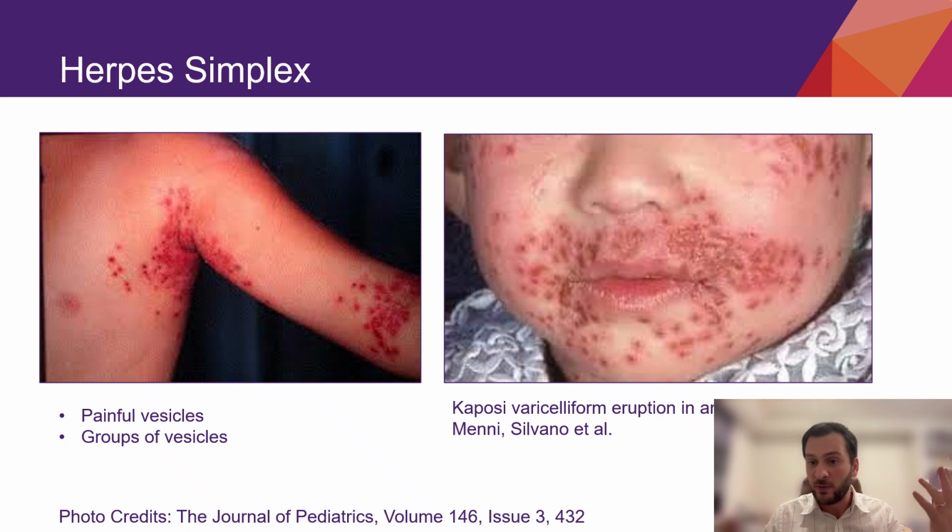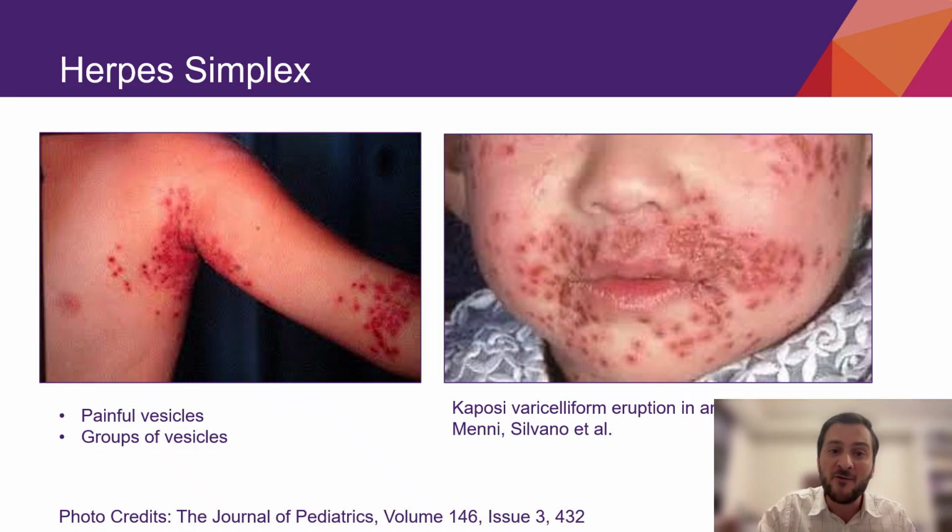We should always remember that these lesions are extremely painful, and they have a specific pattern: they usually group together, forming groups of vesicles on a background of erythema, and they lack the classic trend to form lakes of pus that we have in GPP.